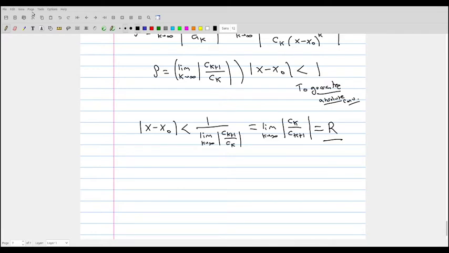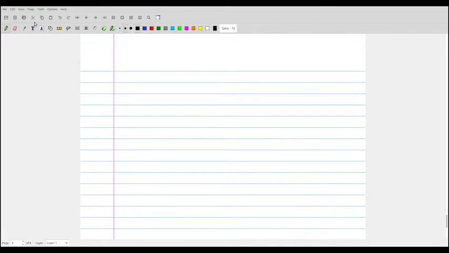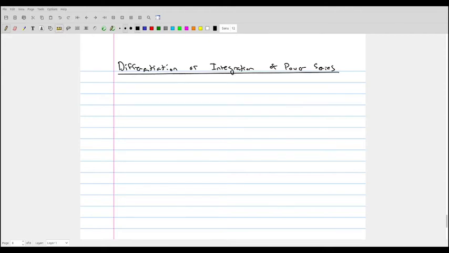And it turns out that we have a very, very strong theorem. And this states the following.